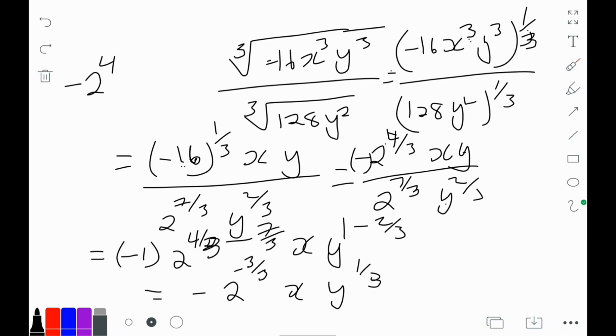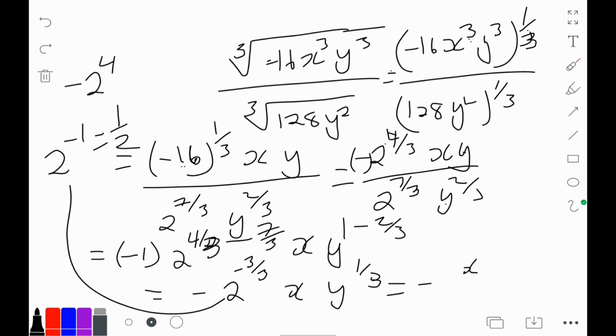Then we can rewrite this as negative 2 to the power negative 1. Remember, 2 to the power negative 1 is the same as 1 over 2. So the answer becomes negative x to the power 1 over 3 over 2.